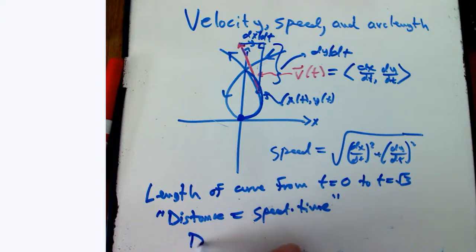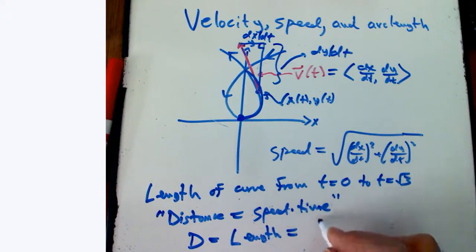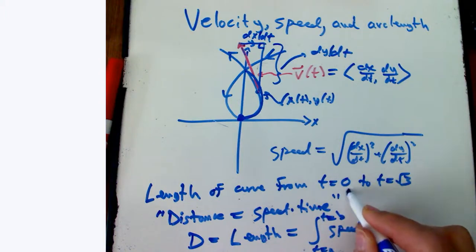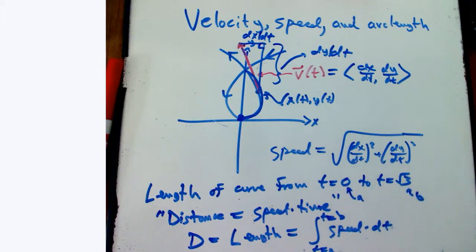We know that the distance, or really the length of the curve, how far you've gone along the curve, should be the integral of speed times dt from t equals a to t equals b. Let's say this is a to b in general. And think about it.